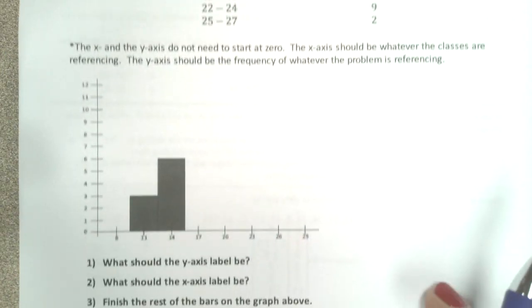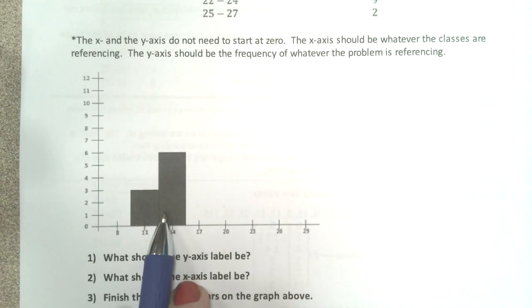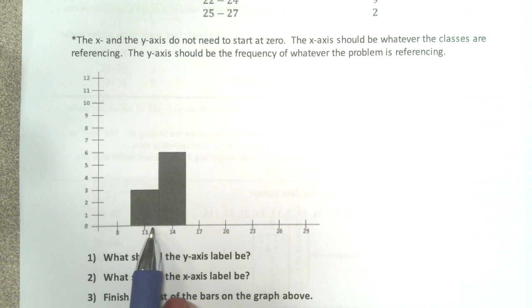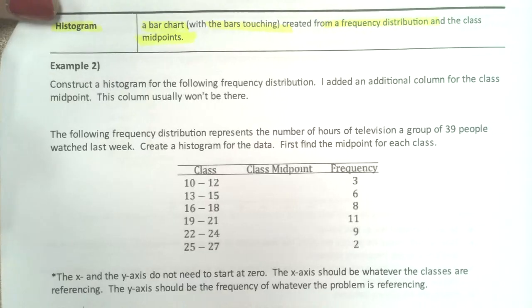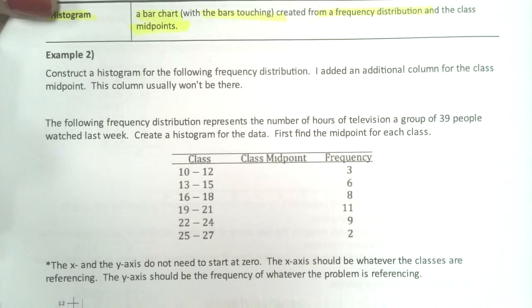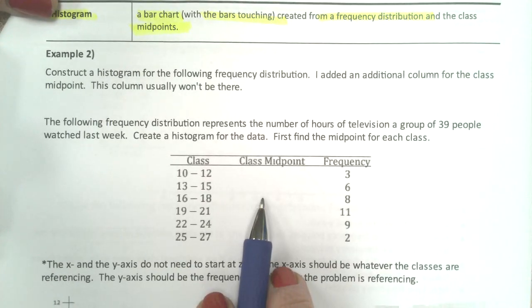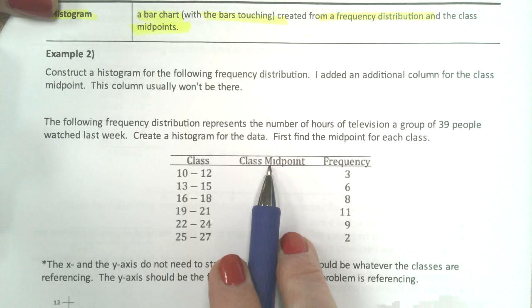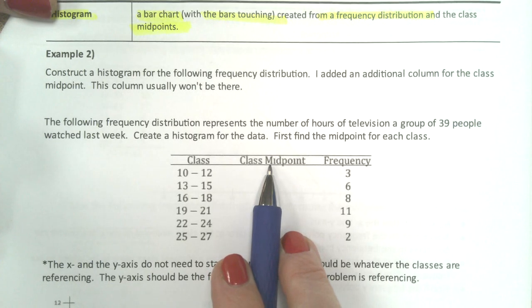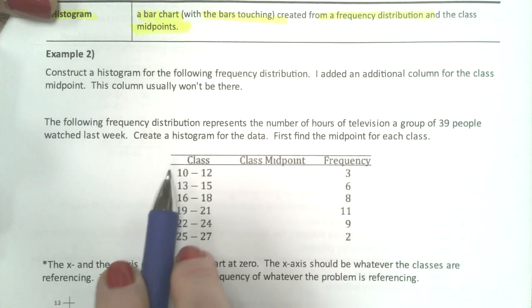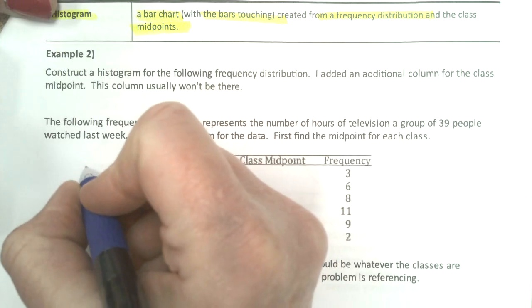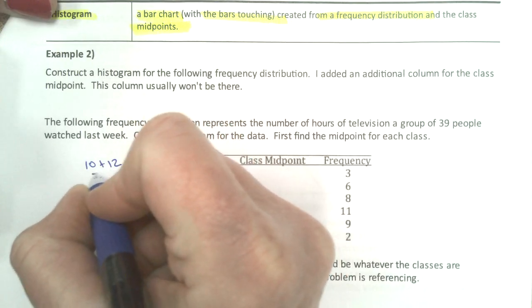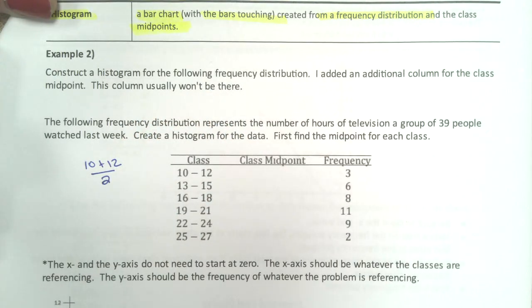What is a histogram? This is what it looks like. We have a bar chart where they're touching. Construct a histogram. We added an extra section for the class midpoint here. We have the class of 10 to 12, so I'm going to take 10 plus 12 divided by 2.